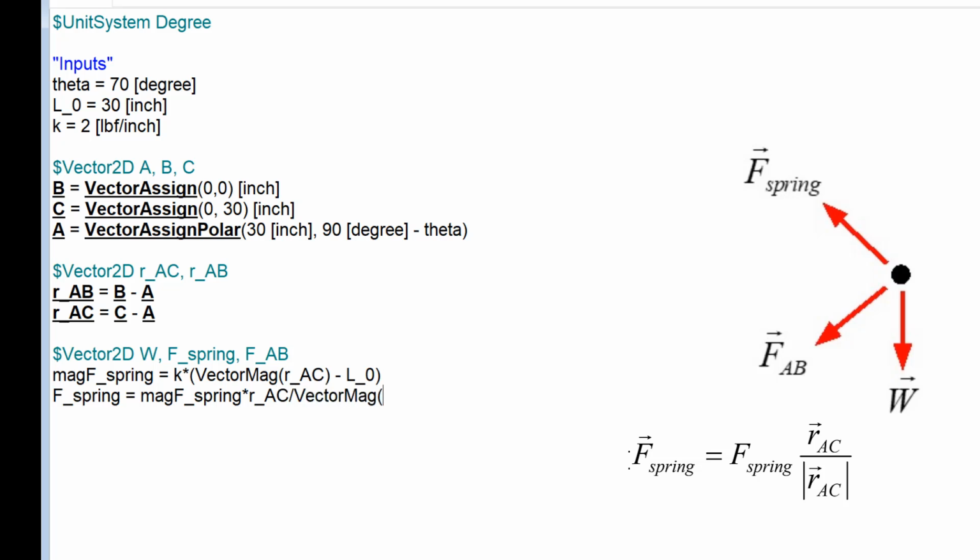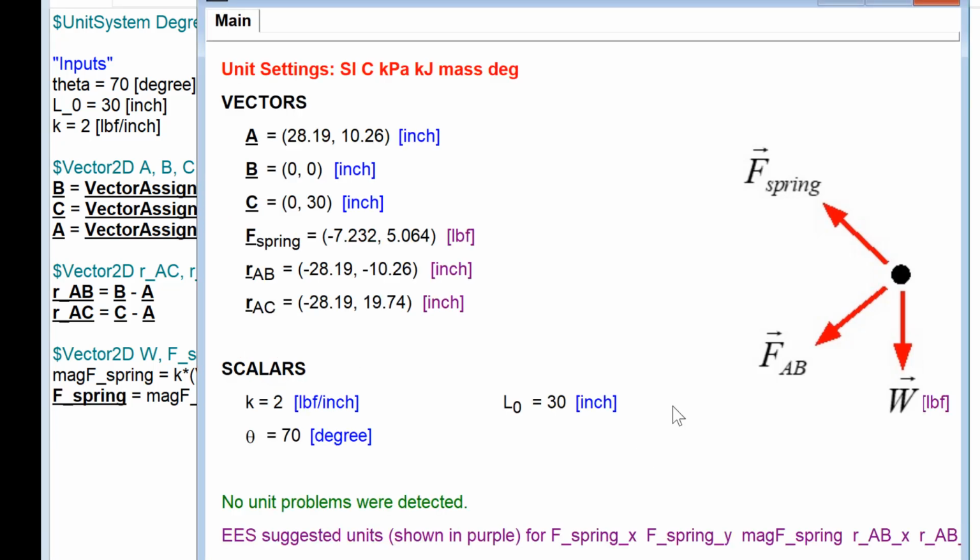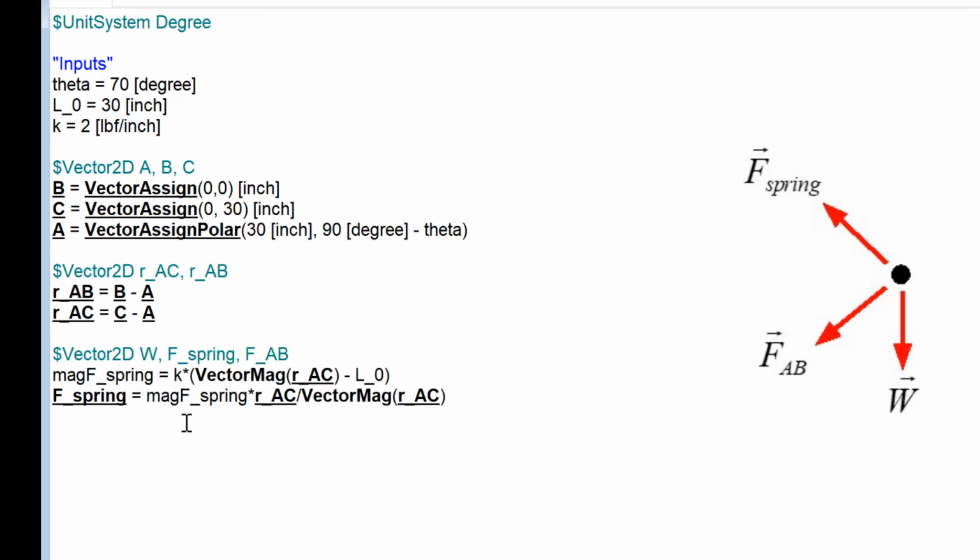Alright, so we have two other forces I have to think about, right? I have the force W, and I know its direction but not its magnitude, so I'll go ahead and define a vector W as having no component in the x direction because it's vertical, and then minus the magnitude of W in the y direction.